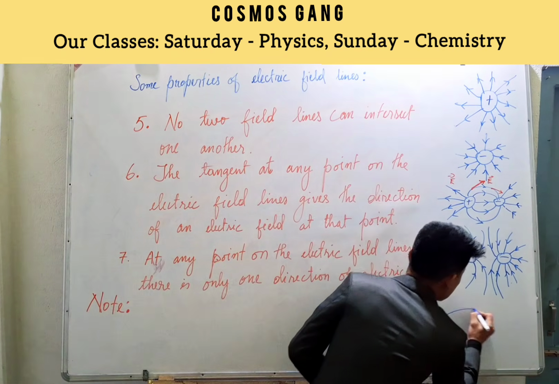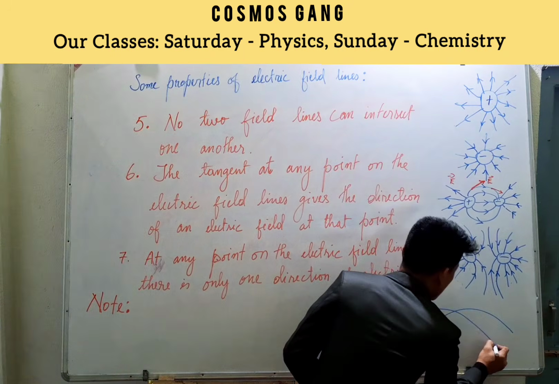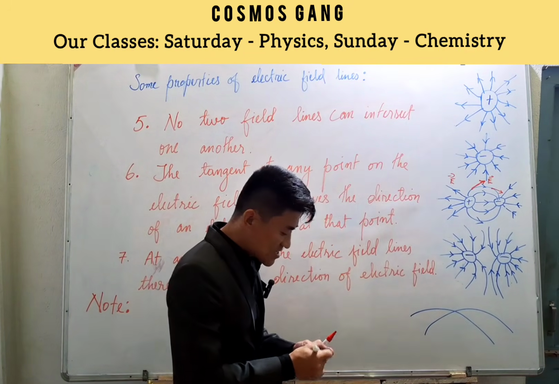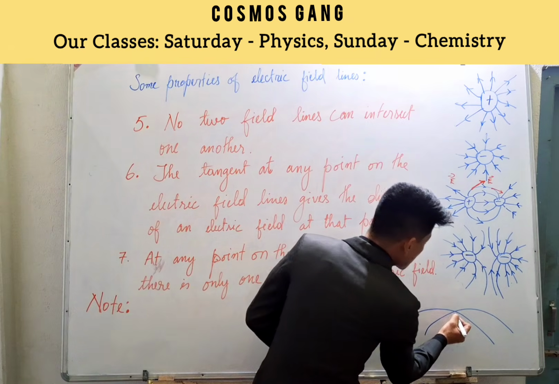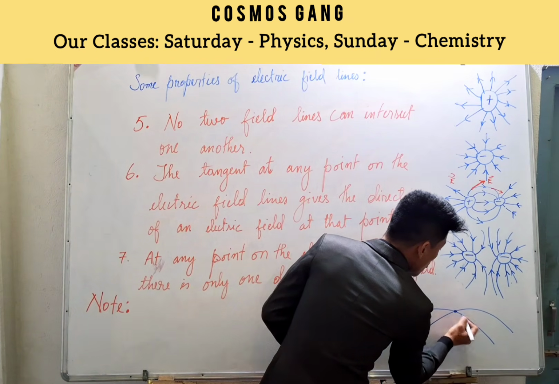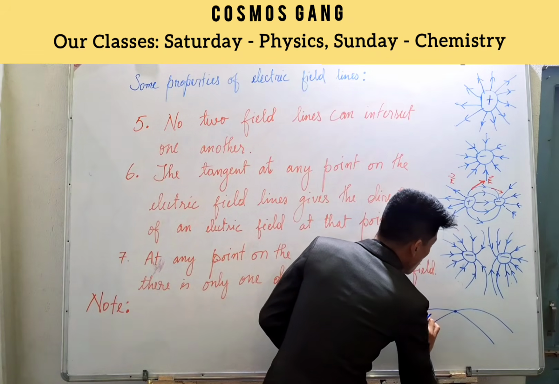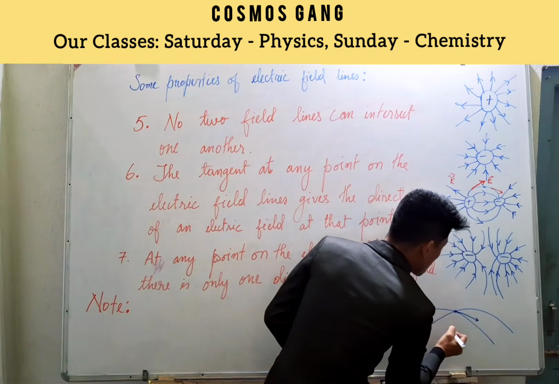Imagine a field line which is going like this, and another field line which is intersecting it here. Now, at this intersecting point, I can draw two tangents with respect to one field line and the other. Let's say one tangent is here.